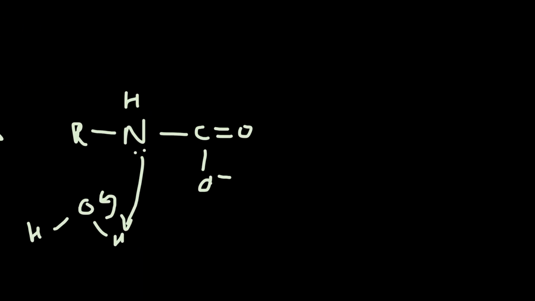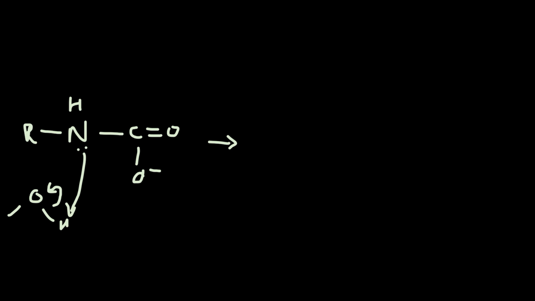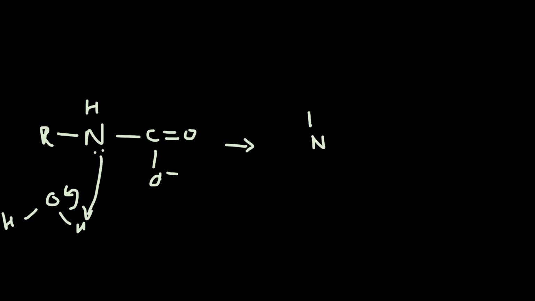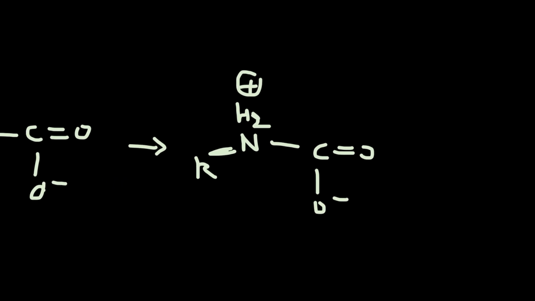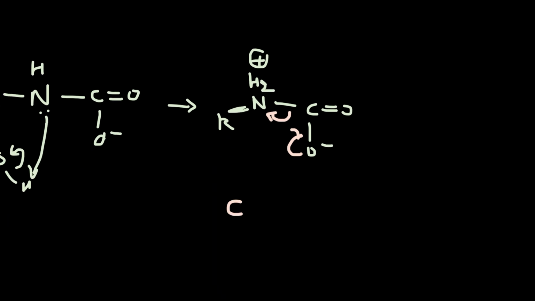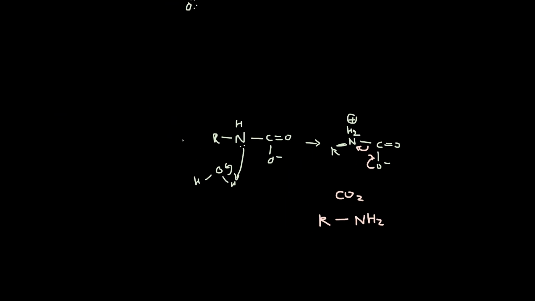So now we will be able to protonate this with a positive charge. And we can then expel this with this negative charge coming down and pushing out our leaving group. That will give us some carbon dioxide and also our new amine.